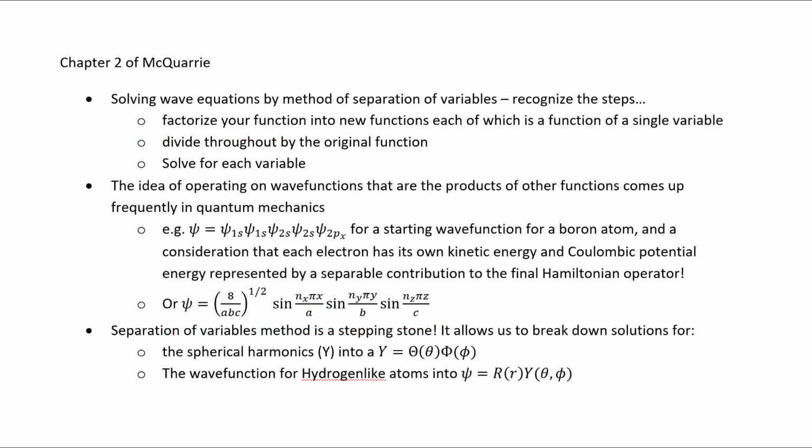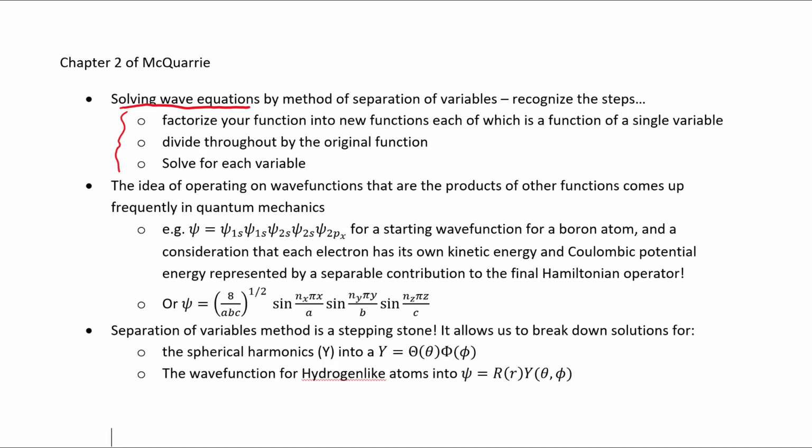As we move into chapter 2 of McQuarrie, chapter 2 is basically addressing how to solve wave equations by the method of separation of variables. Wave equations are actually introduced, but the key here is to recognize the steps. Those steps are very important to learn because they show up a lot in future chapters. We factorize the function.